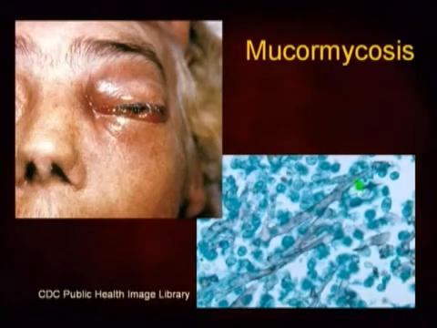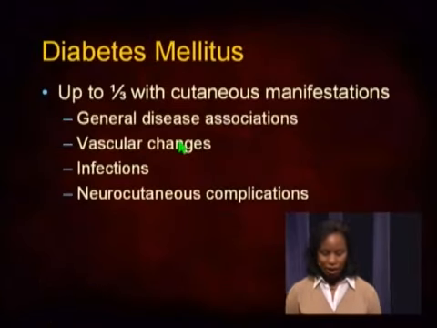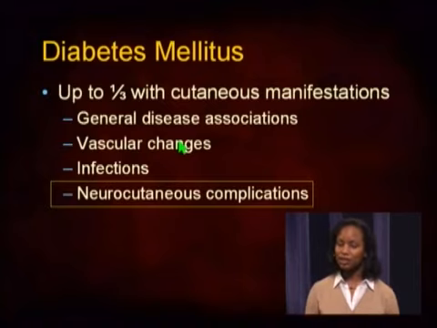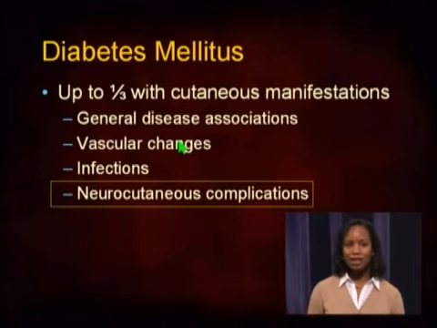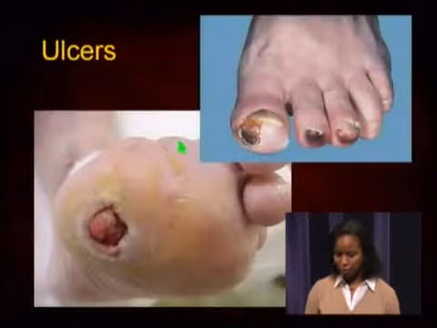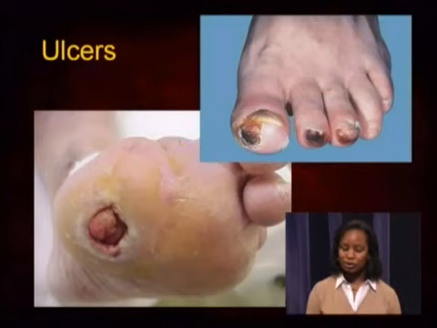Here you can see in the background this is the mucormycosis organism, and remember that's more common in poorly controlled diabetics, affecting this patient's eye. And then there are neurocutaneous complications in diabetes. That basically is things that occur as a result of their peripheral neuropathy, like ulcers in the skin.